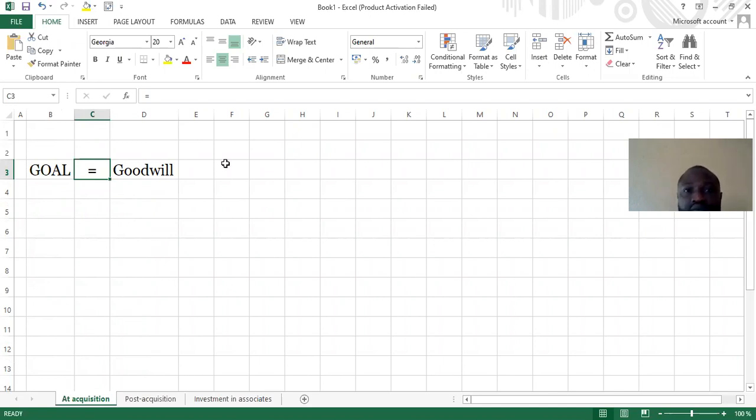Let me throw it to the class. Please, who can help us with the formula, or should I say the format for calculating goodwill? Can somebody help us? You're already gurus in preparing consolidated SFP, so you can't say you don't know how to calculate goodwill.